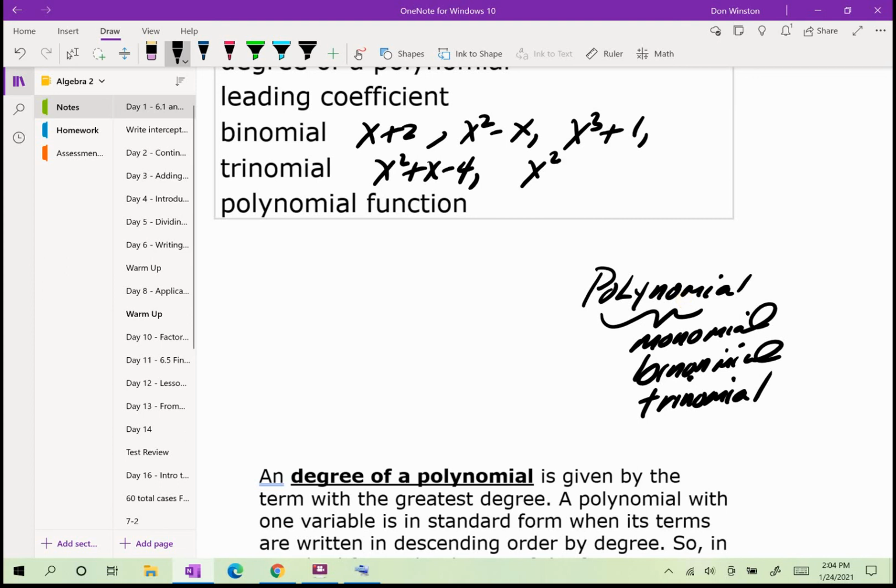Or x cubed plus 2x minus 1, that's a trinomial, or x to the 4th plus x squared minus 1. So a polynomial could be a monomial, 1 term, a binomial, 2 terms, a trinomial, 3 terms, and anything more than 3 terms, we just call a plain old polynomial. A polynomial could be just about anything.